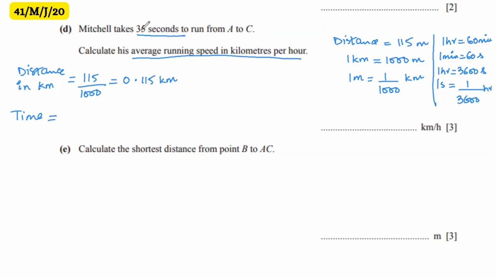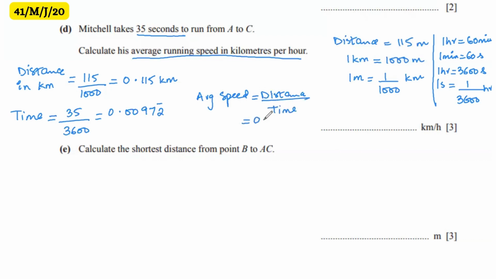So over here, 35 seconds is going to be converted into hours. So we're going to divide 35 by 3,600. And that gives us 0.00972 recurring. So average speed is distance over time.